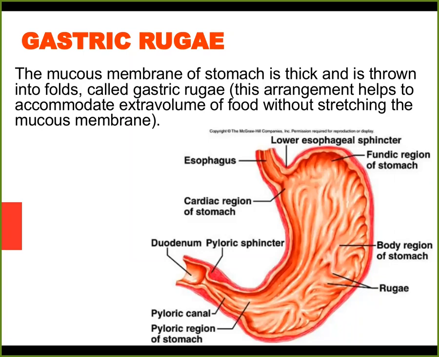These folds, first of all, give the ability for good stretching of stomach, and second, help the movement of food and gastric juice from the fundal part into the antral part and into the pyloric part of stomach.